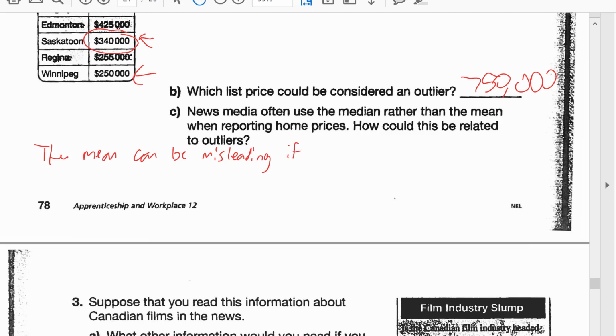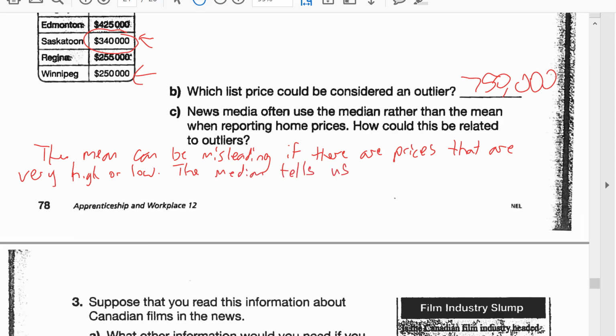If there are prices that are very high or low, the median tells us the middle cost of homes.